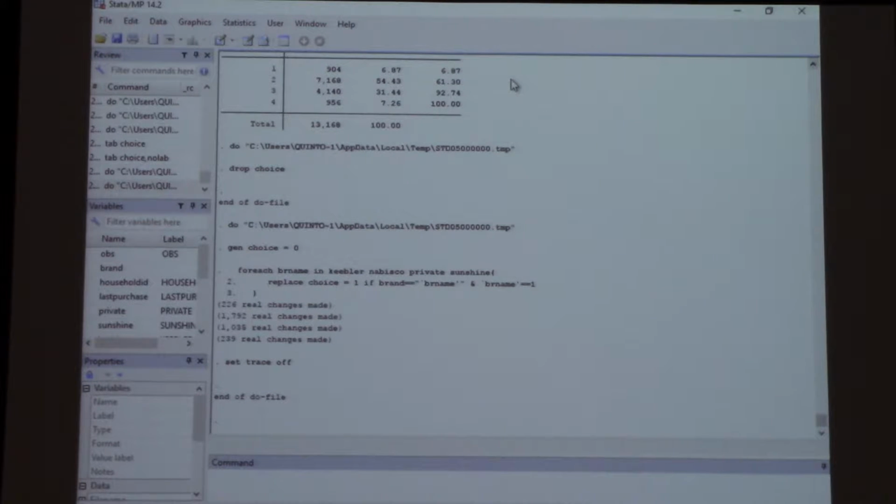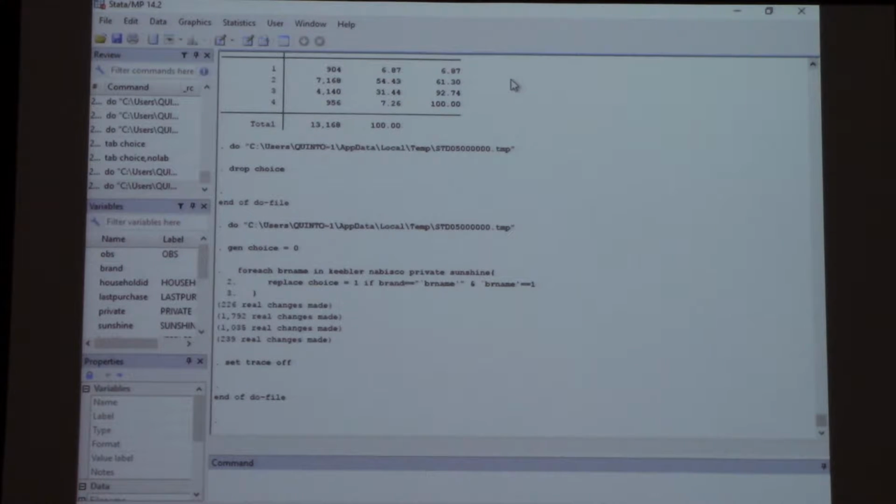Essentially what it does is that for each brand name, Keebler, Nabisco, Private, and Sunshine, generate choice equals 0, and then replace choice equals 1 if 2 things hold.